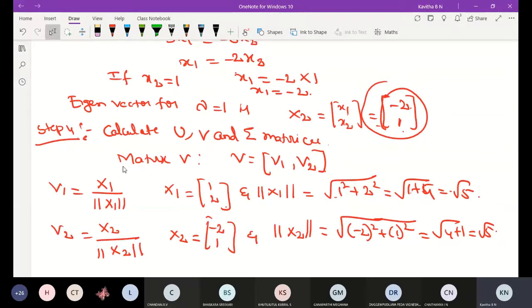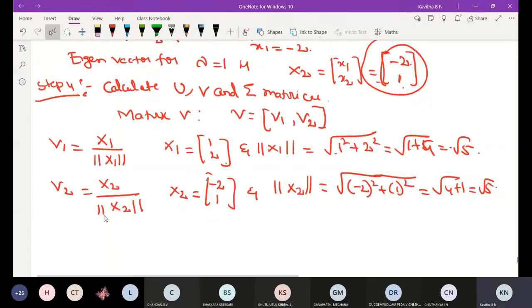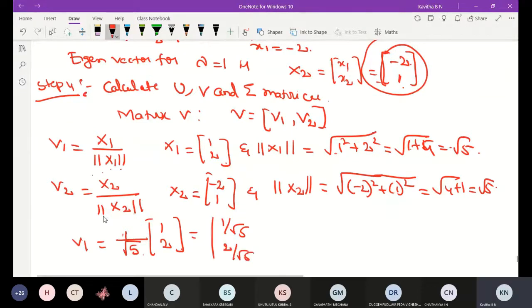So v1 is 1 by square root of 5 times the matrix 1, 2, that is, 1 by square root of 5 and 2 by square root of 5. Okay.